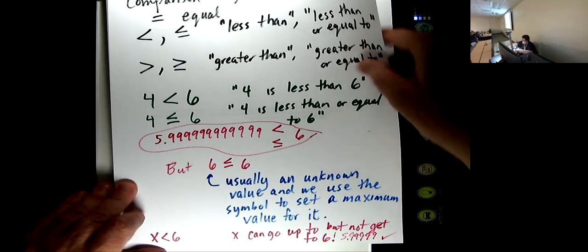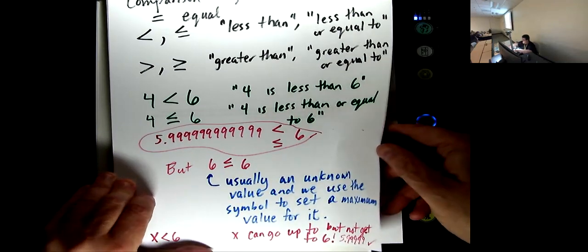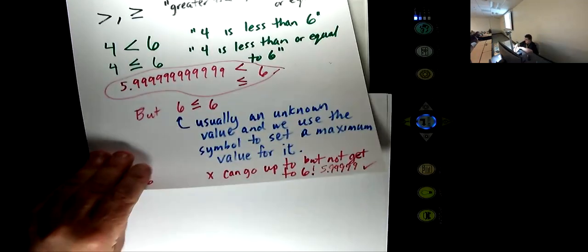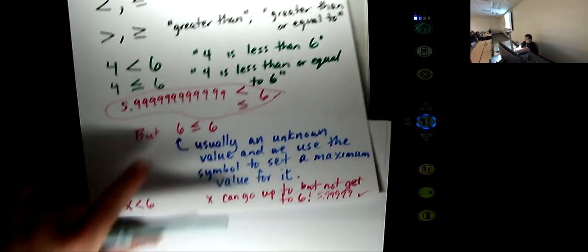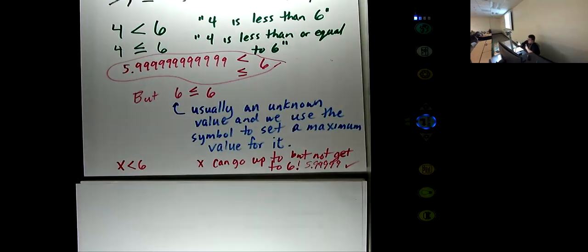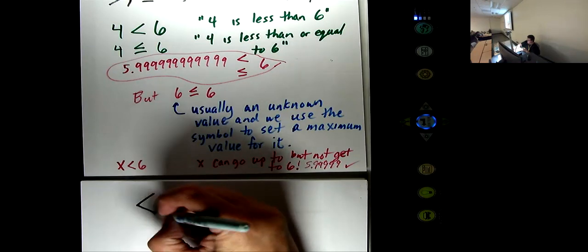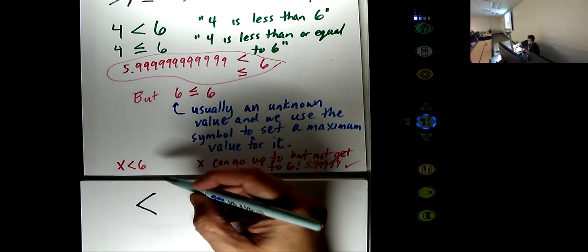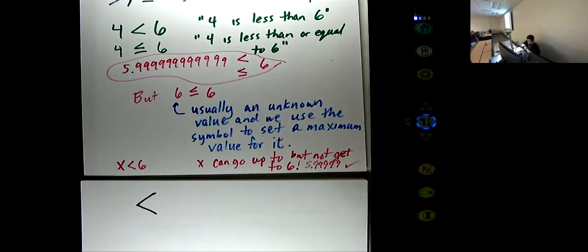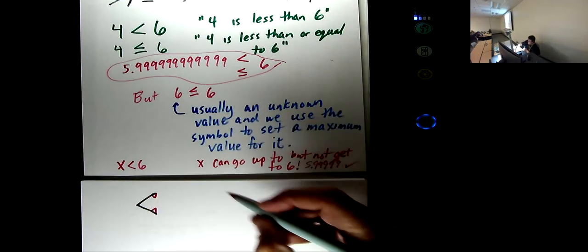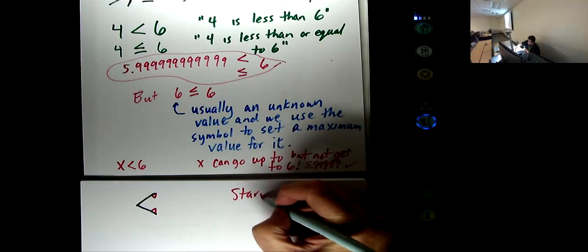The way to remember what symbol to use is we got the symbol. And I like to throw vampire teeth on that. It's a starving vampire and it always wants the bigger meal.